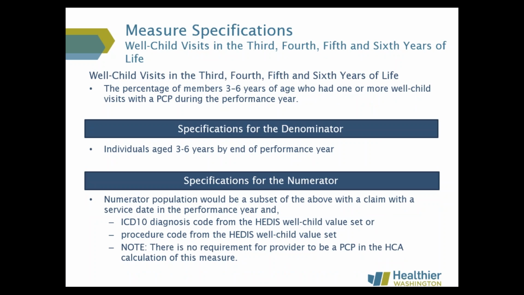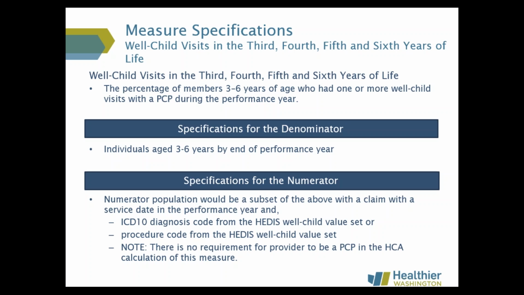This particular measure, the well-child visit in the third, fourth, fifth, and sixth years of life, is one of the administrative measures where we have the ability to look at the HEDIS specified HCPCS codes and the CPT codes to identify the children who meet the qualifications for the numerator.